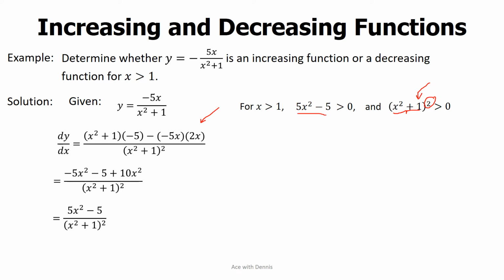And for this case, since x is greater than 1, x squared is greater than 1, so this value will always be greater than 0. Therefore, we can say that dy over dx is greater than 0, hence y is an increasing function.